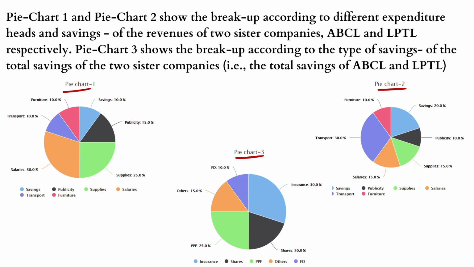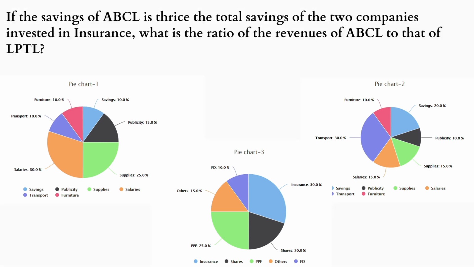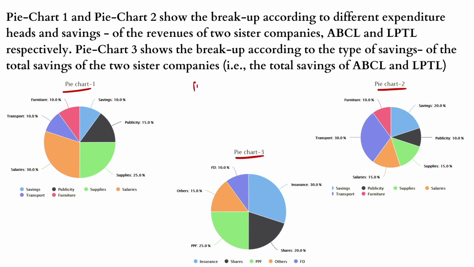Let's move on to the first question. It says if the savings of ABCL is thrice the total savings of the two companies invested in insurance, what is the ratio of revenues of ABCL to that of LPTL? Let's say the revenue of ABCL be X and the revenue of LPTL is Y. And what about savings?